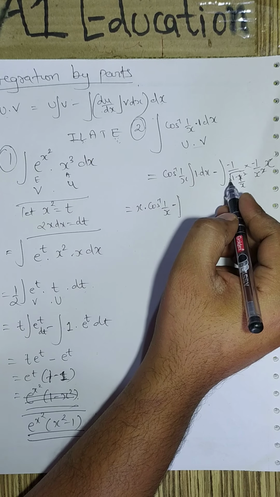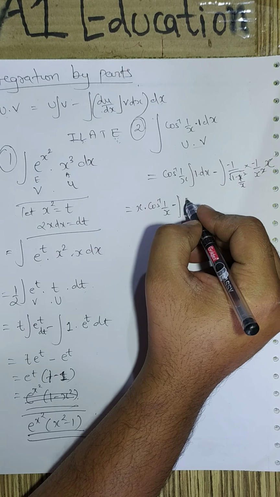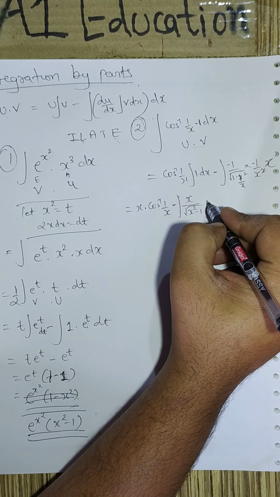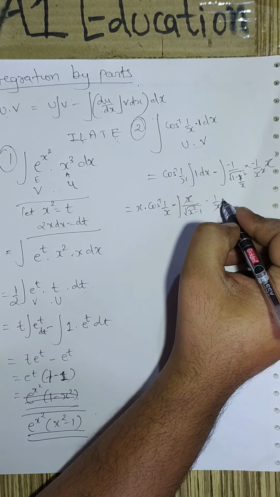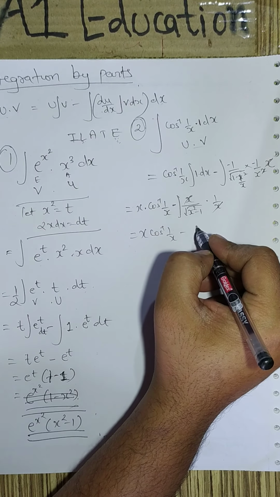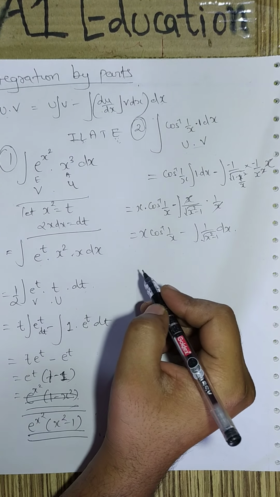Here if we take the LCM, the algebraic simplification will come to x upon square root of x² minus 1, dot 1 upon x. This x also gets cancelled, leaving 1 upon root of x² minus 1 dx.